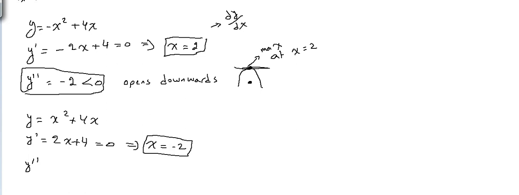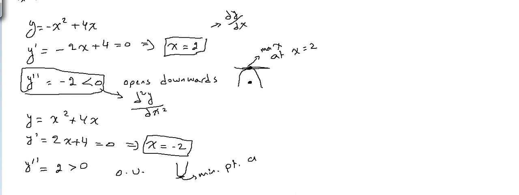And the second derivative is written in the form d squared y over dx squared. All right, this is the definition of the derivative. The second derivative, y double prime, is equal to 2, and it is positive, so it opens upwards, right? It opens upwards like that, and it admits a minimum point at x equal minus 2, the point that makes the first derivative equal to 0.